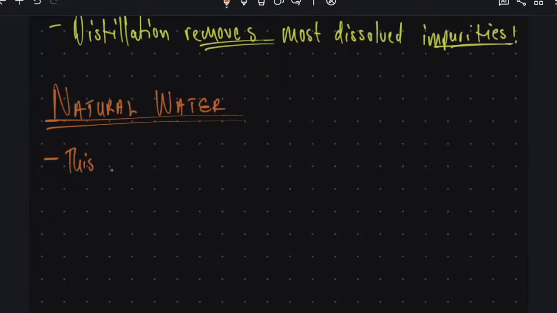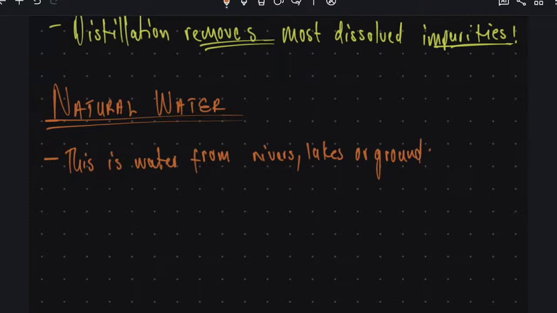This is water from rivers, lakes, or groundwater. Groundwater, e.g., an aquifer. Geography. Aquifer.